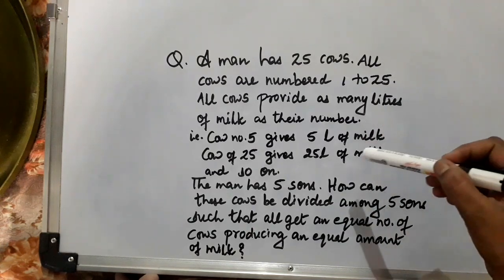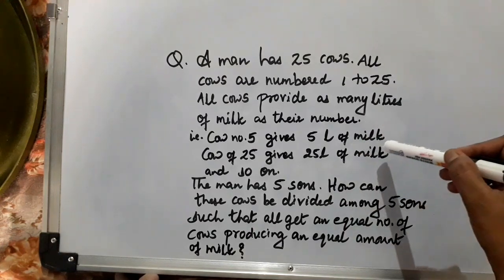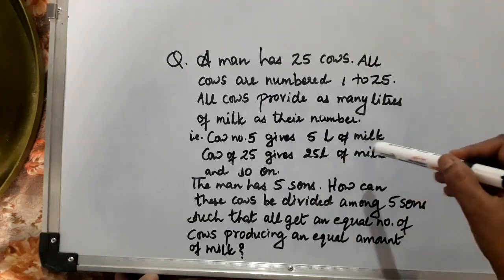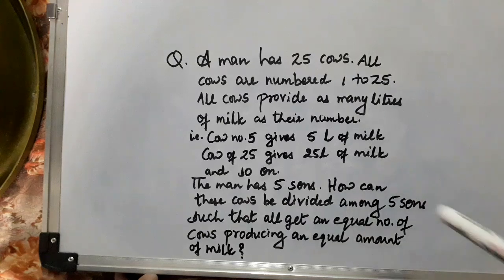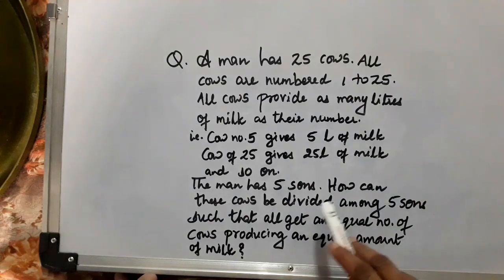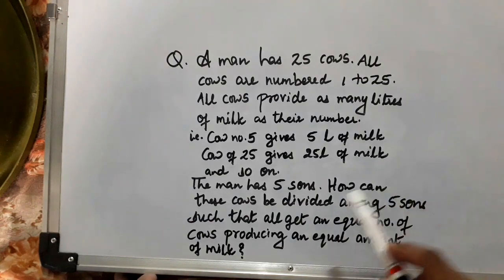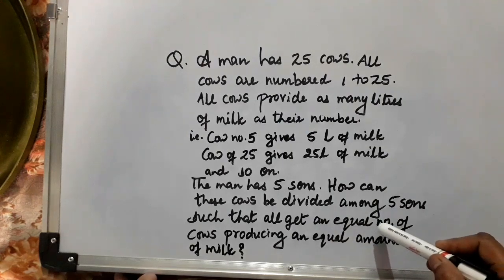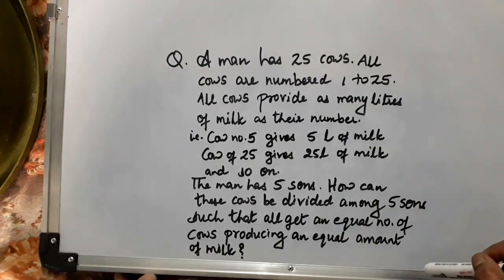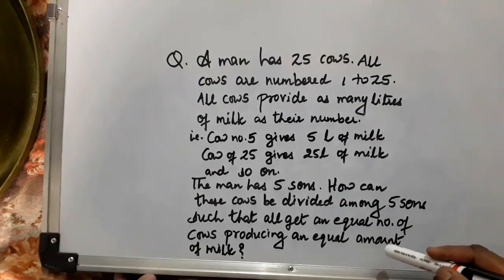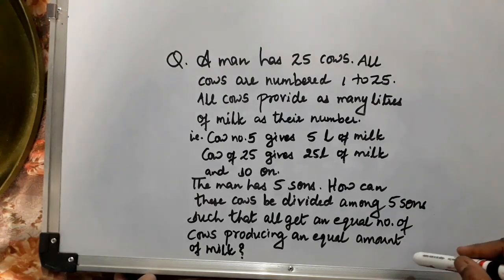That is, cow number 5 gives 5 liters of milk, cow number 25 gives 25 liters of milk, and so on. The man has 5 sons. How can these cows be divided among 5 sons such that all get an equal number of cows producing an equal amount of milk?